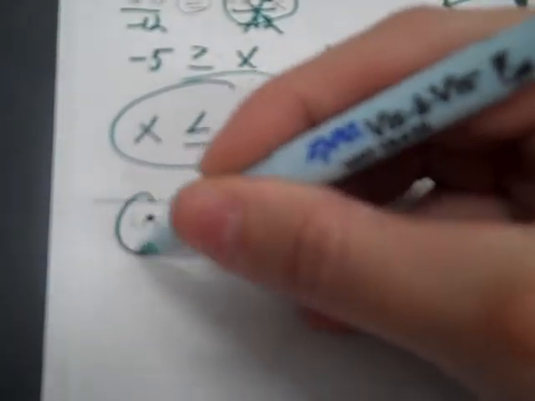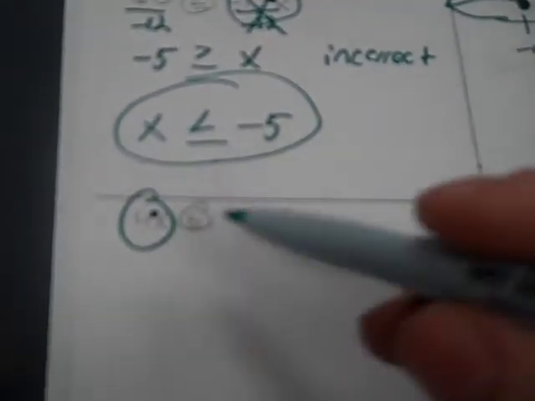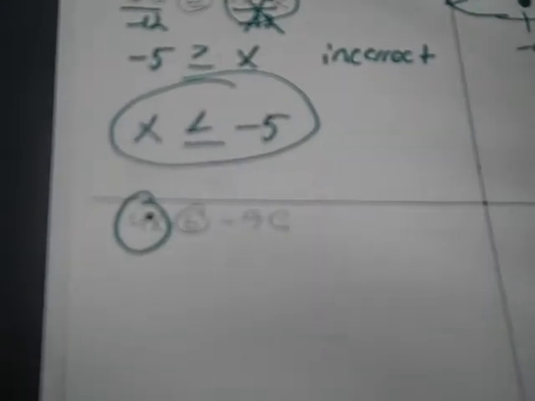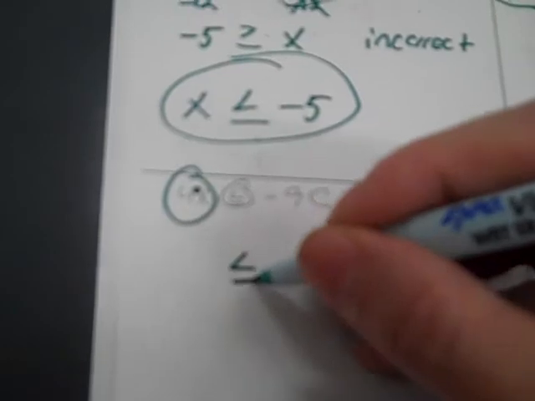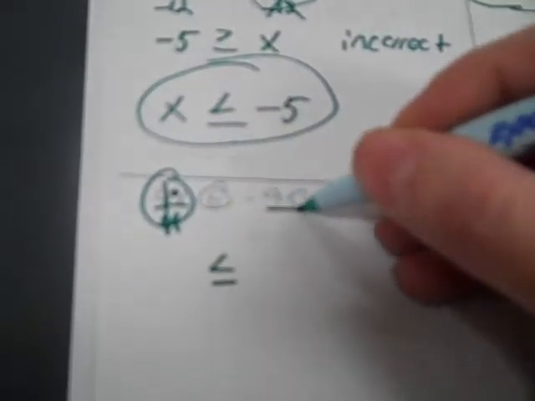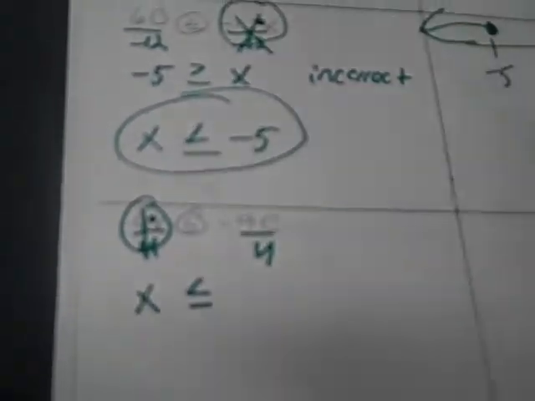Okay, 4x is less than or equal to negative 90, so the x is multiplied by a 4. Is the dotted number negative? No, it's not. So since that's not negative, we don't change the sign. Okay, x.